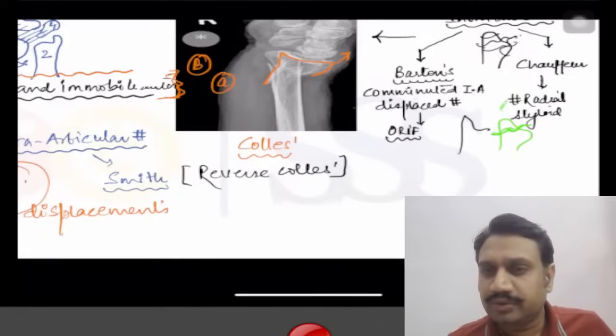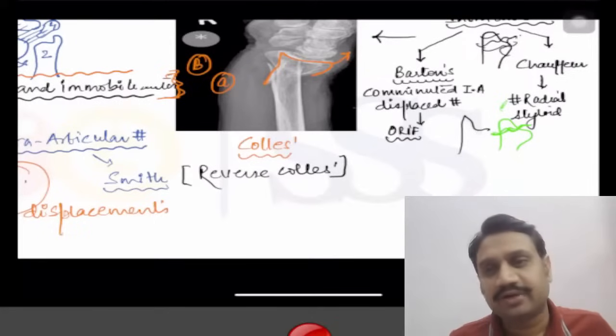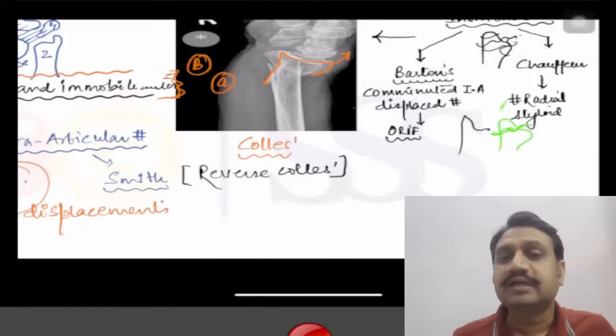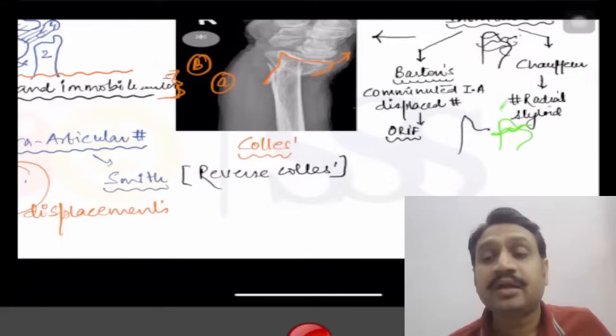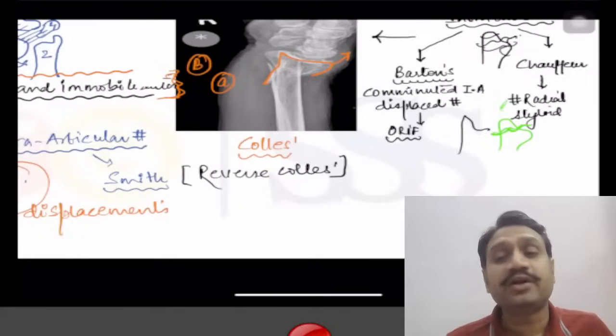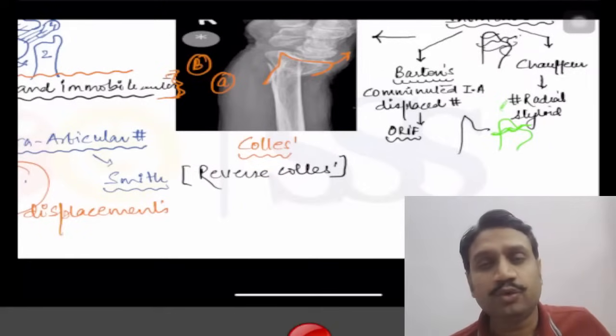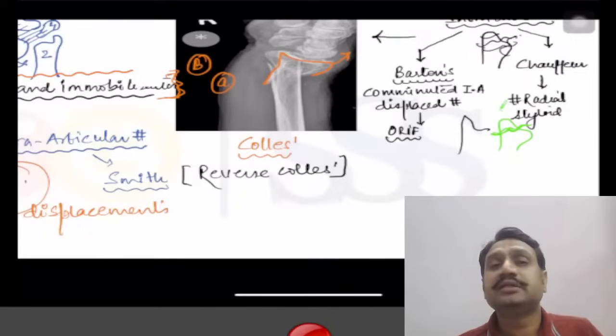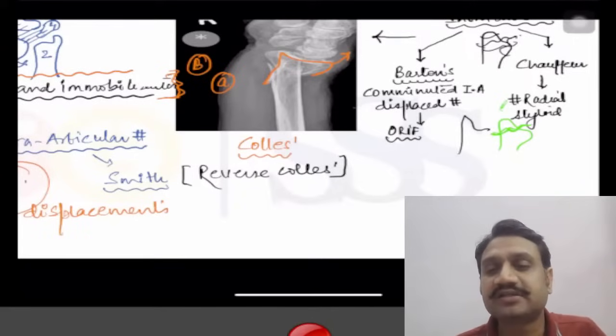Okay, so ORIF for the fracture of necessity, absolutely correct. You require it for the fracture. See, Prachi, I would like to correct you here. All the fractures of necessity, they don't require an open reduction, right? They don't always require open reduction. Fracture of necessity means all the fractures which require fixation.